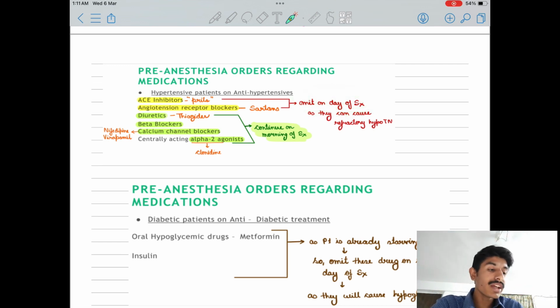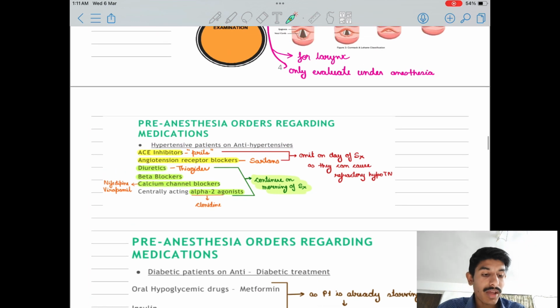So on the day you have the surgery, you should not take ACE inhibitors. Then angiotensin blockers, then diuretics, then beta blockers, calcium channel blockers, central acting alpha 2 agonists. So these 4 you can continue till the morning of the surgery. Okay, these 4 drugs you can take.